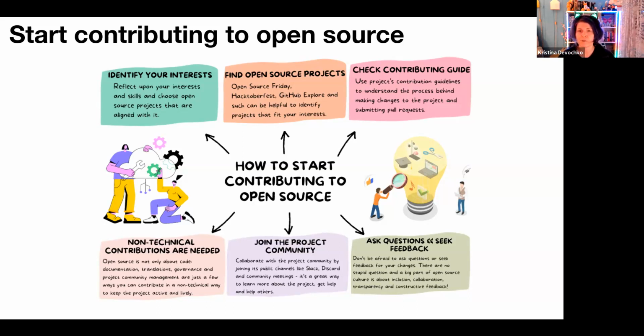Many of the members of the TAG, or the contributors to the TAG, are there because they also have a personal interest and passion for the topic of sustainability. And this is a great place where these interests are aligned with their personal preferences, including myself. So this is the first step on your contribution journey.